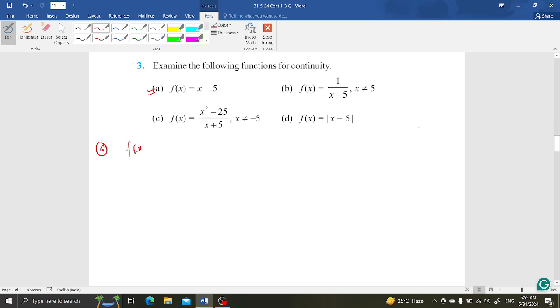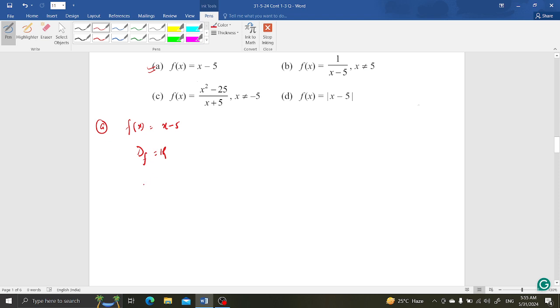A part, f(x) = x - 5 we have. The domain for this function is the complete set of real numbers first of all. On this real number set we need to check whether this function is continuous or not. So let a be any real number, and now I will find the LHL for this real number a. LHL is the limit as x tends to a negative of f(x).